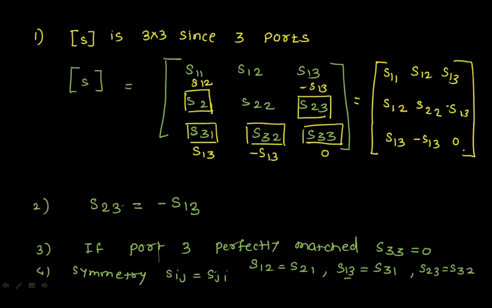Now, previously I was having 9 unknowns. Now I am having S11, S22, S12, and S13. So only 4 unknowns are here now, by using the property of the scattering matrix. Now I'll use another property, which is the unitary property.